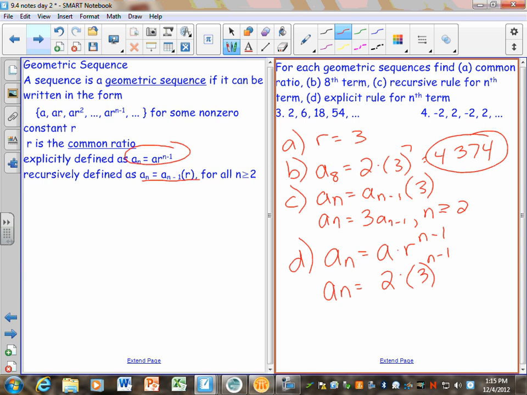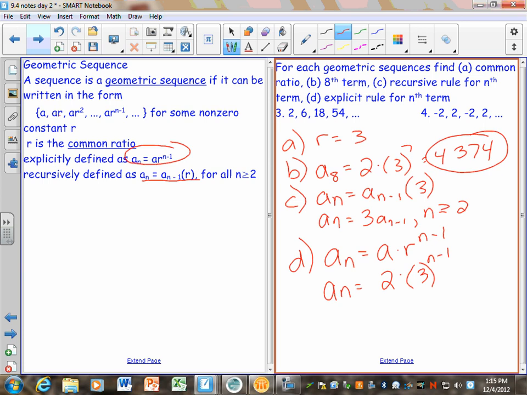Questions about this? It's really just plugging into a formula, but it's kind of the opposite of what we did yesterday. Yesterday, they gave you the formula and you listed the numbers. Today, they list the numbers and you're listing the formulas. And we want to do number 4, but what would the common ratio be on 4? -1.